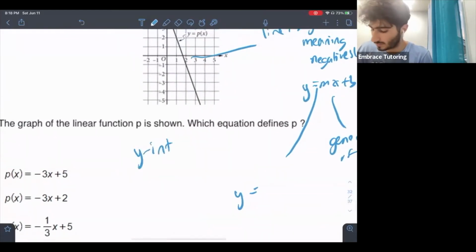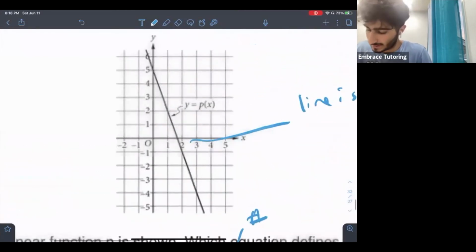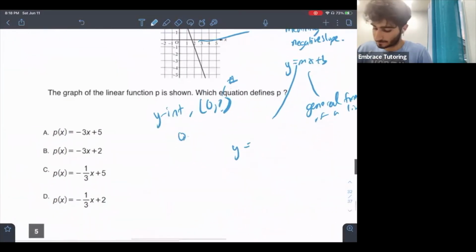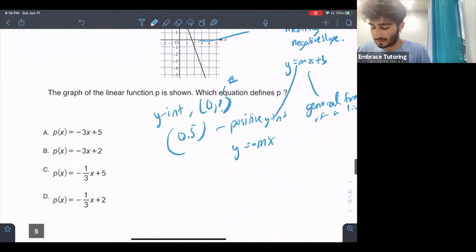The y-intercept is when x is 0 and there is some specific number on the y-axis. So in this case, it'd be 0, 1, 2, 3, 4, 5. It intersects at 5 at the y-intercept, so you know it's 0, 5. And since it's above the x-axis, you know it's a positive y-intercept, meaning y is negative mx plus 5. So it can't be this one and it can't be this one because it has to have positive 5. Now, since the slope is going downwards, it has to have negatives, which both of these choices have.